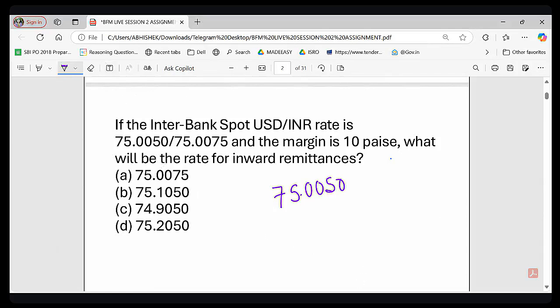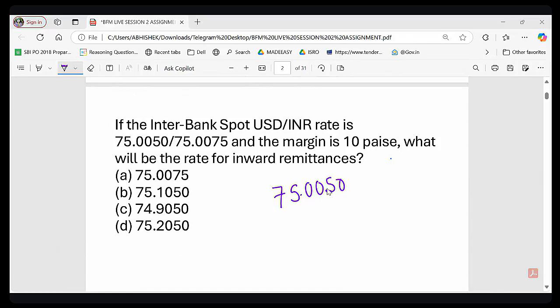Do you think the same? Please type in the chat box because I want to make this session interactive. You should also type whatever you think in the chat box. Okay, so the spot buying rate is 75.0050, right?